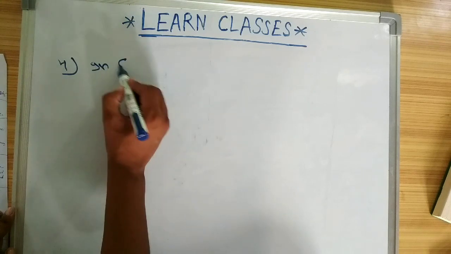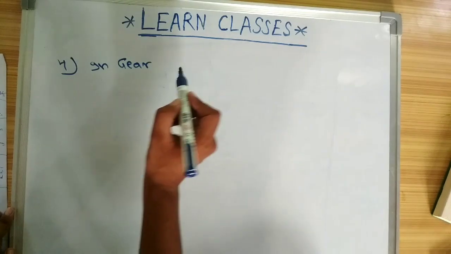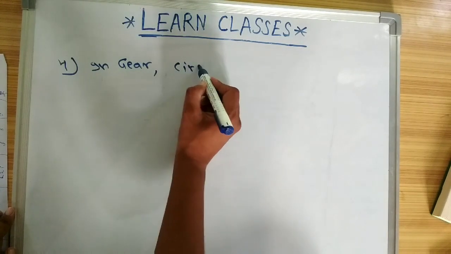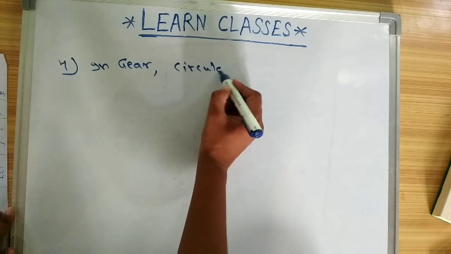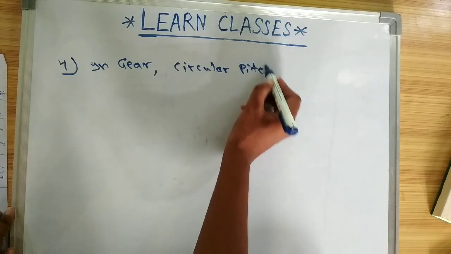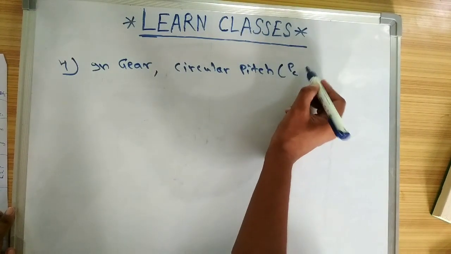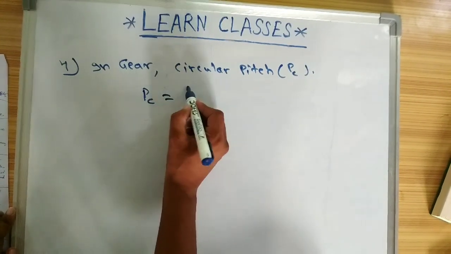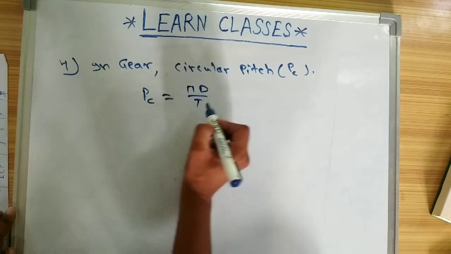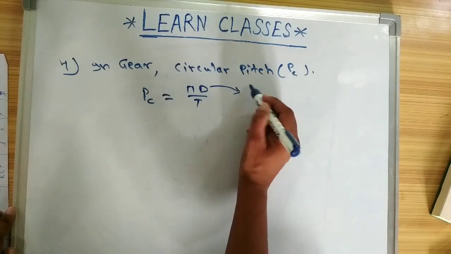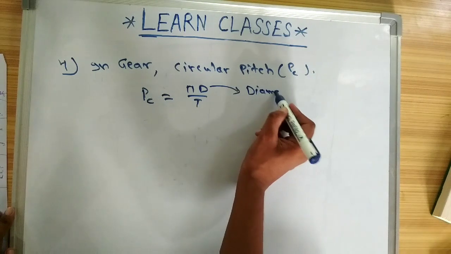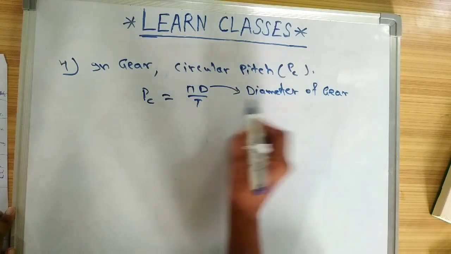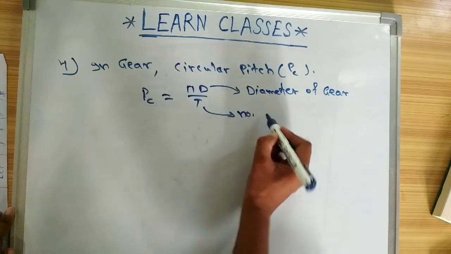In gear, circular pitch PC is equal to pi D by T, where D is the diameter of the gear and T is the number of teeth.